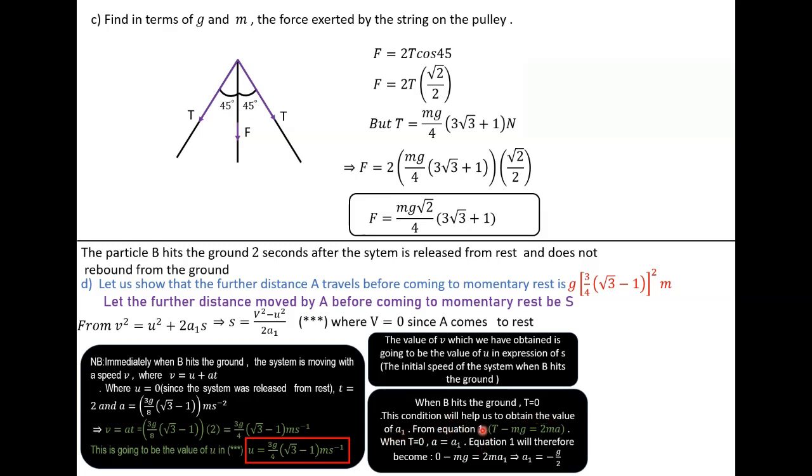From equation 1, which we obtained when we applied Newton's second law on particle A, when the tension equals 0 the acceleration a becomes a1.